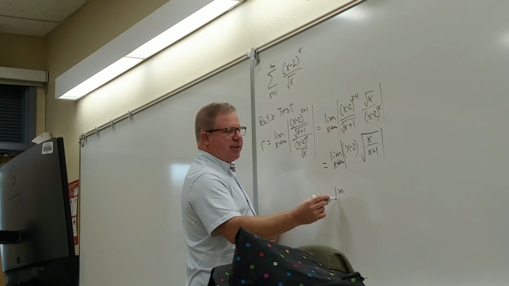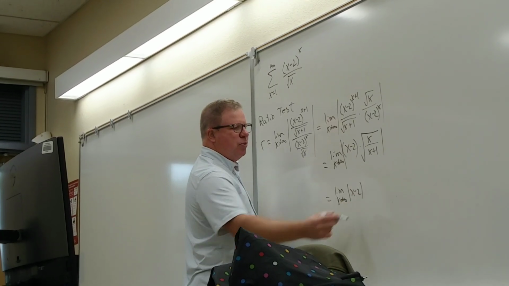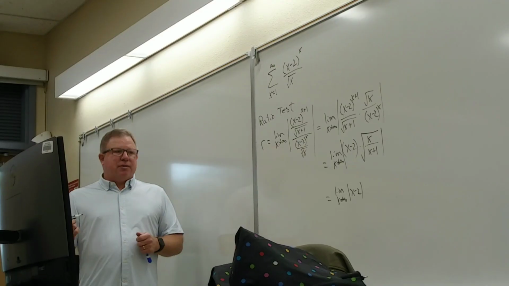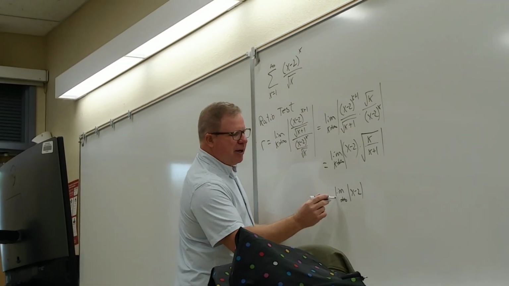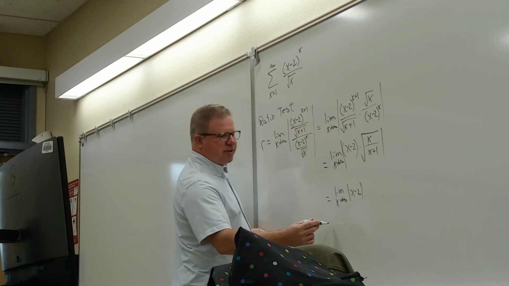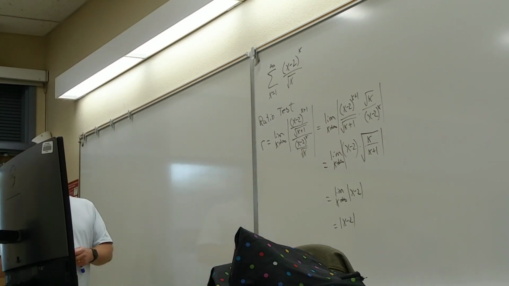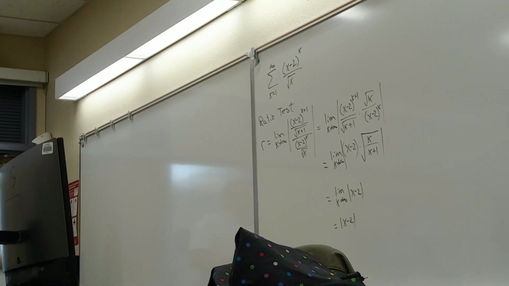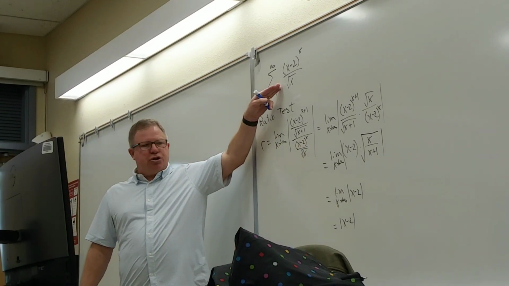the limit as k goes to infinity of absolute value x minus 2. X relative to the limit is a constant. The variable of the limit is k. So the limit of a constant is a constant. So this equals absolute value x minus 2. Now remember, we're looking for what values of x make this converge.